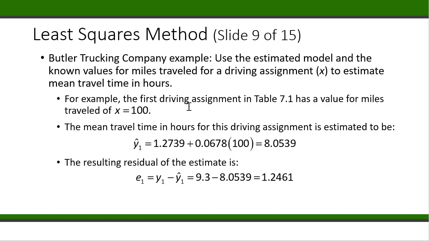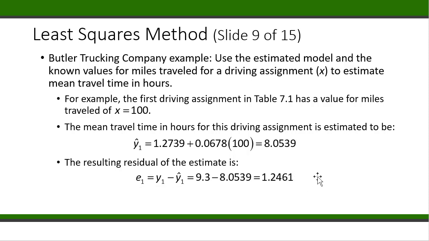Let's say the first driving assignment had a value for miles of 100. We plug that into our equation, and then y hat, the predicted, is 8.0539. The residual then would be the actual observed y minus predicted y, which is 1.2461.